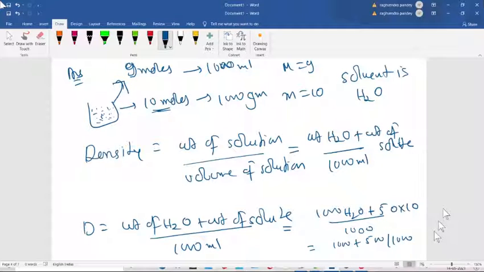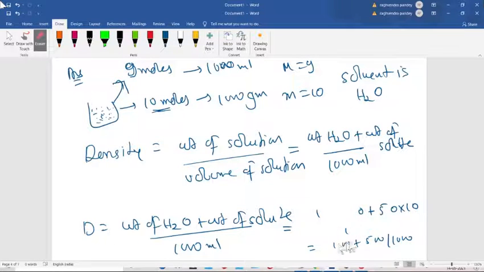1.5 is not in the option. The answer is 1.35. I did something wrong.